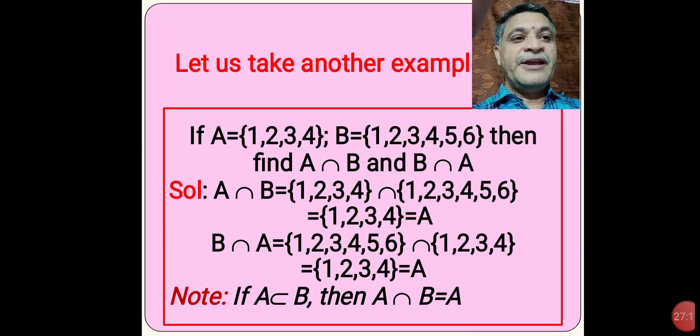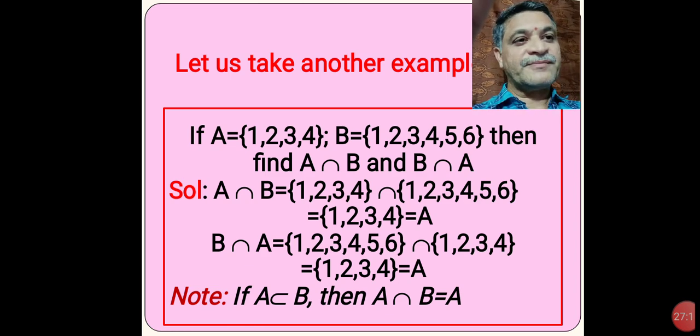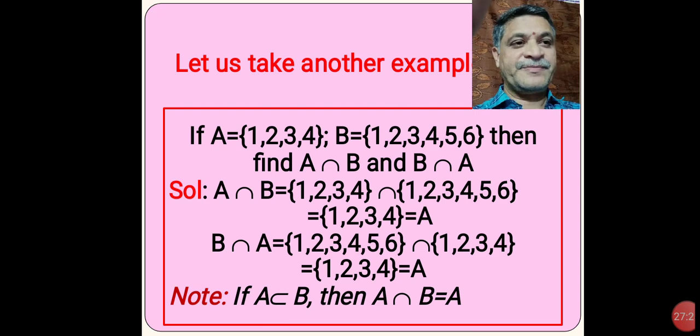Here A intersection B and B intersection A is equal to A. That's enough. This is the simple technique. If two sets are there, one is a subset of the other, and they ask A union B, you write simply which is the big set, whether it is A or B. That is union.